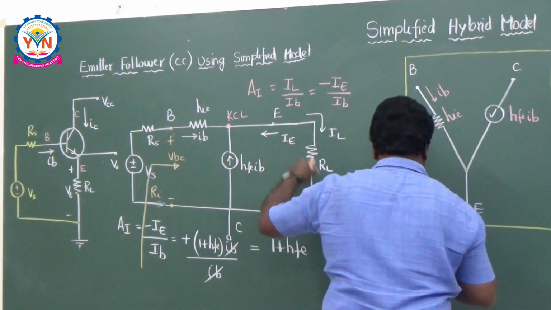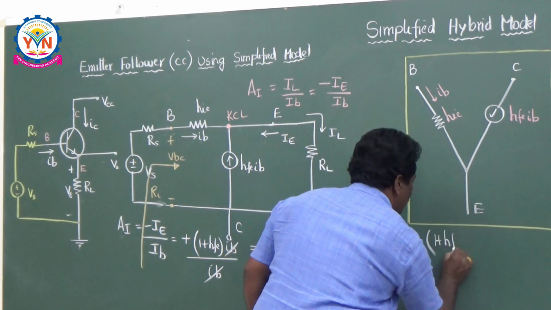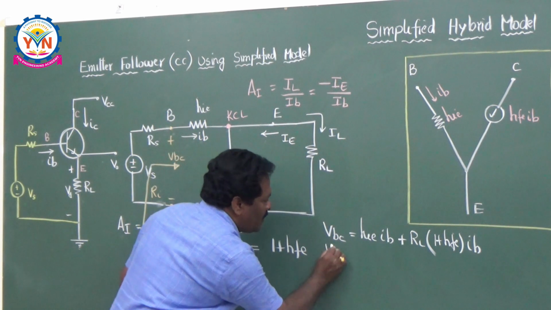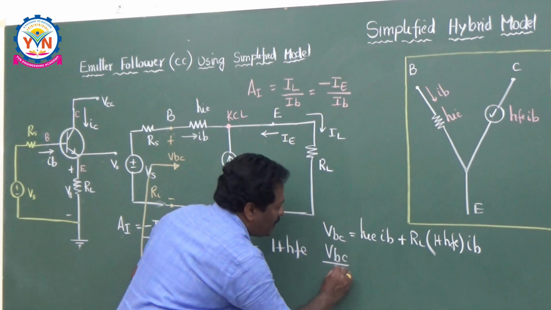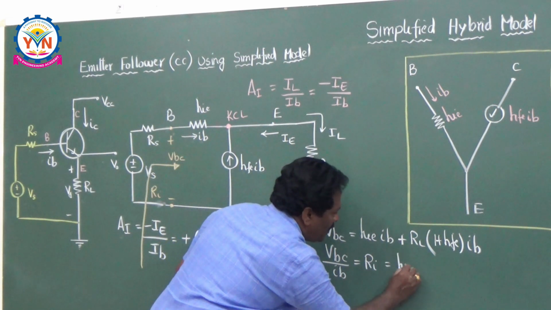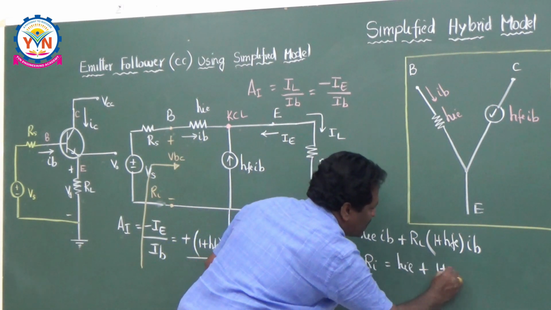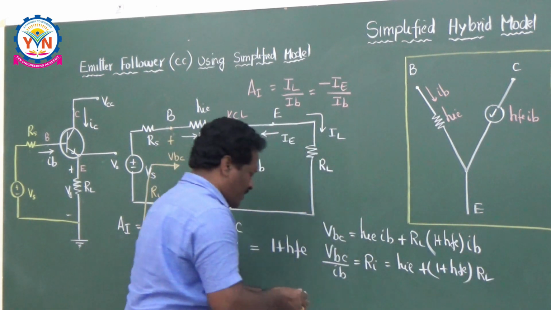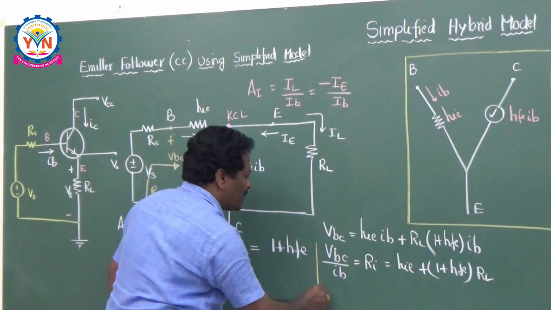So 1 plus HFE times IB. Okay, so you take the IB to this side. So VBC by IB is nothing but your input resistance, which is equal to HIE plus 1 plus HFE times RL. So this is the input resistance for your common collector configuration.